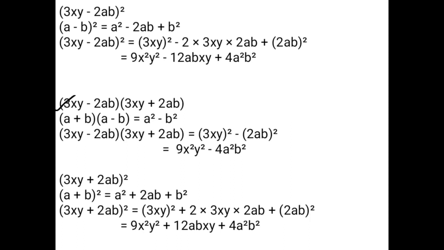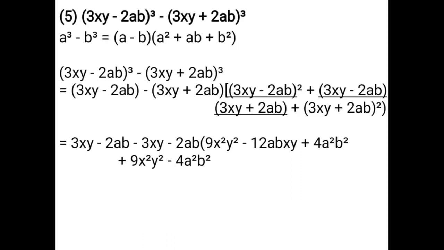Square of 3 is 9. If you have two variables together in square form, you have to write both the variables separately in square form. That is xy square is x square y square, minus square of 2 is 4, ab square is a square b square. That is plus 9x square y square minus 4a square b square.